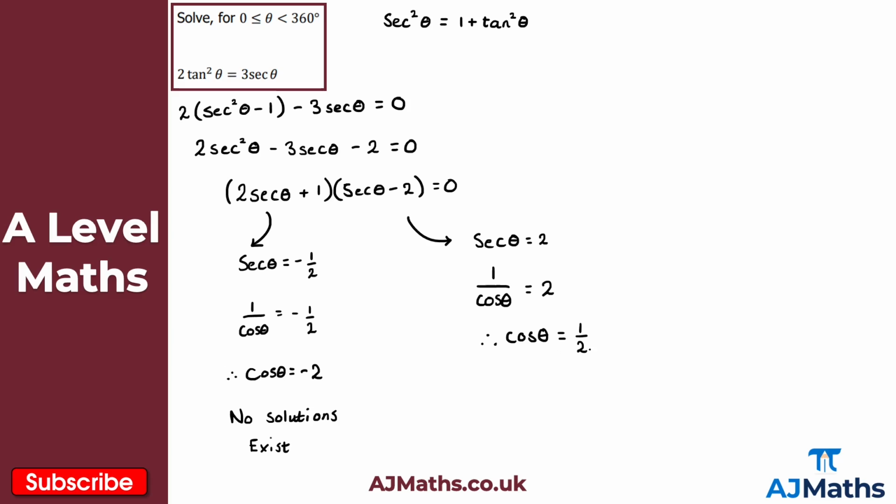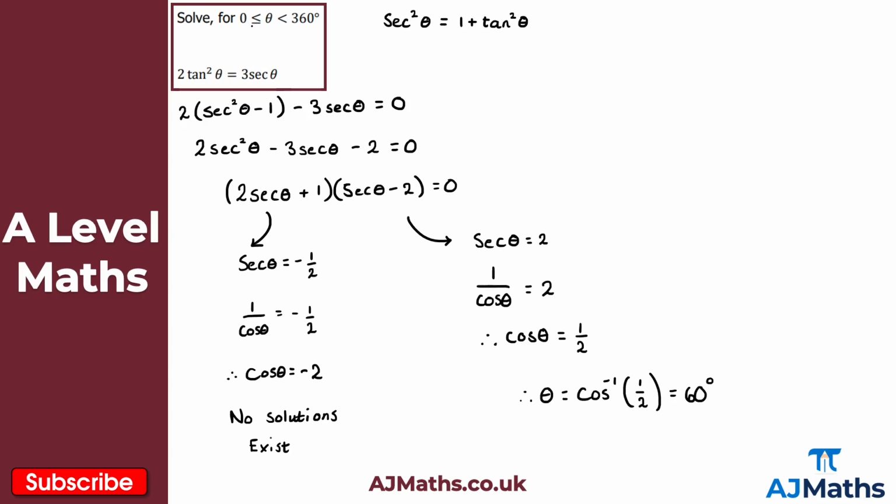So theta is equal to cos inverse of a half. And obviously for this one, we're working in degrees. We can see that from the domain here. So cos inverse of a half would give us 60 degrees, if you just use your calculator or recognize the exact trig values.